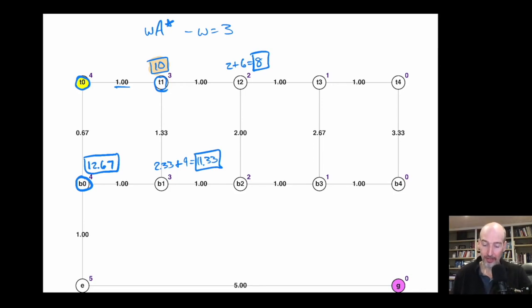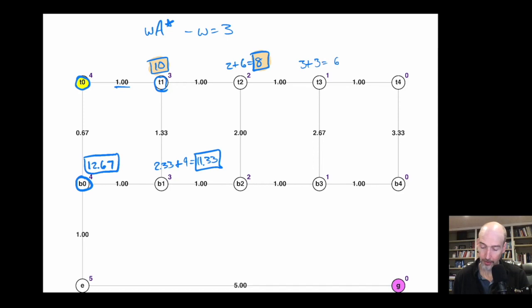Okay, so we look at this and we're now going to choose the minimum, 12.67, 11.33, and then 8. So we're going to choose to expand this node with cost 8 next. And now we're going to continue to generate. So now we've got cost 1, 2, 3. So that's 3 plus w times 1 is 3.